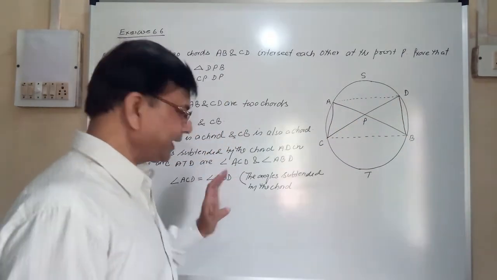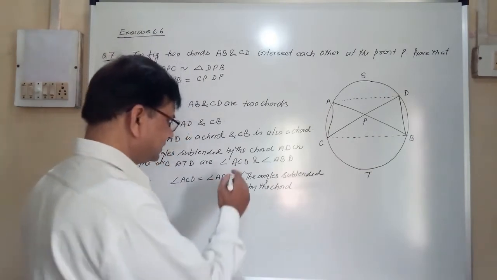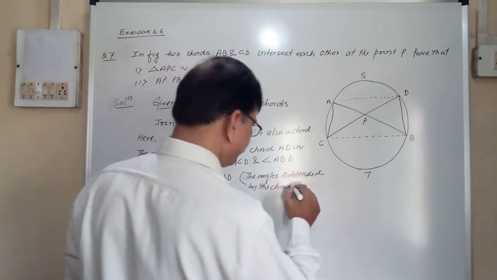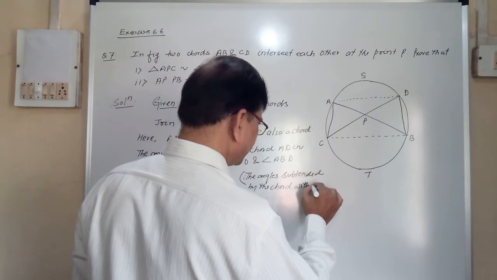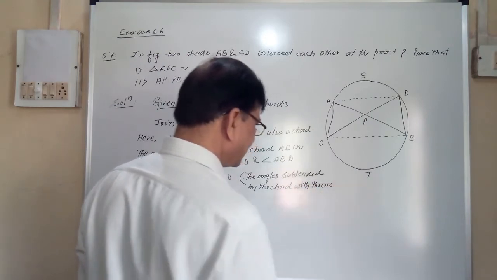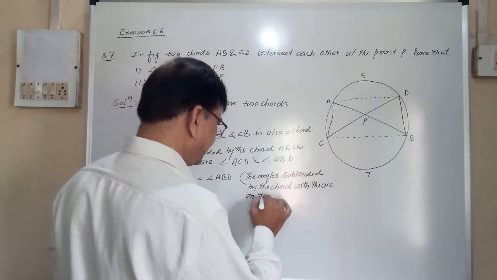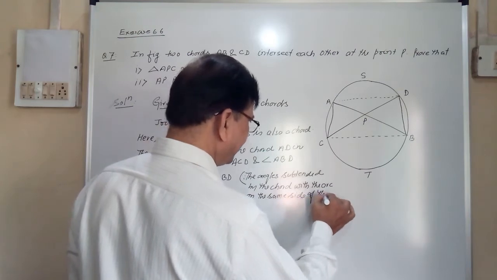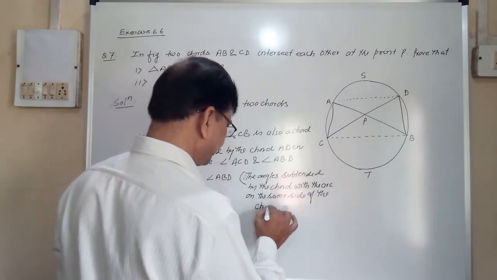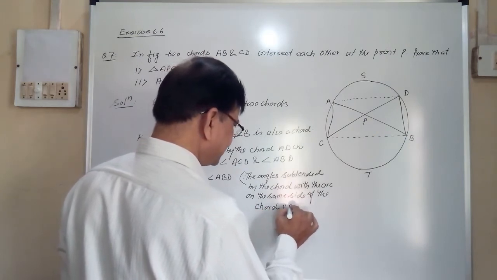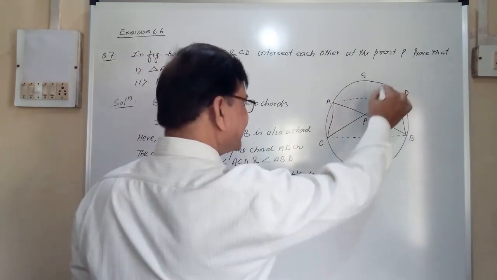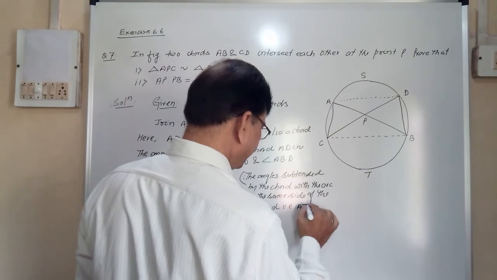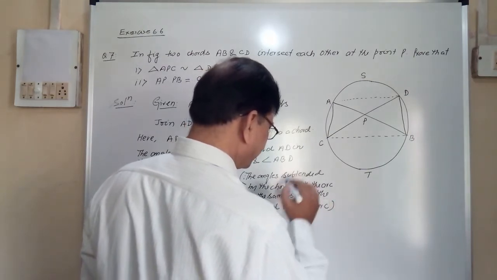So these two angles will be equal since the angles subtended by the chord are on the same side of the chord, that is this ATD arc.